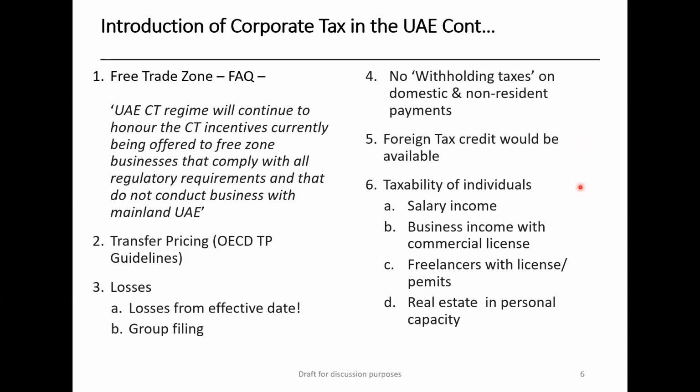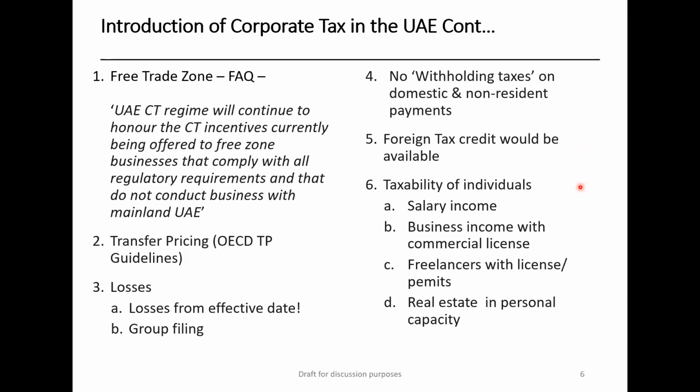What about taxability of individuals? While the nomenclature that is used is corporate, the intent is to tax any kind of commercial activity or business activity, whether it is by individual or any other corporate firm. Salary income would continue to be kept outside the ambit.